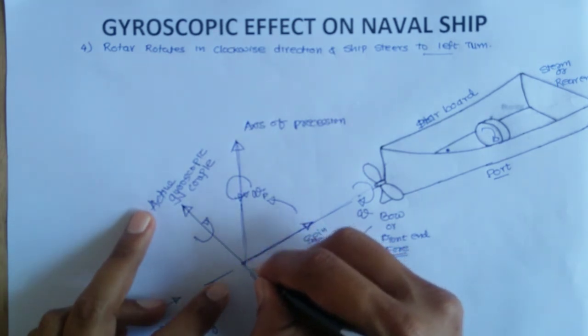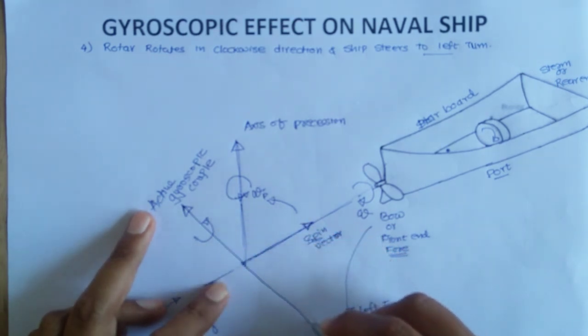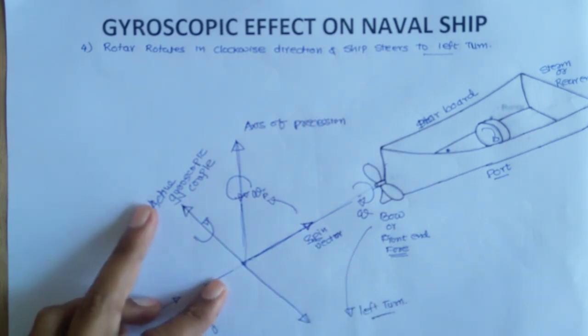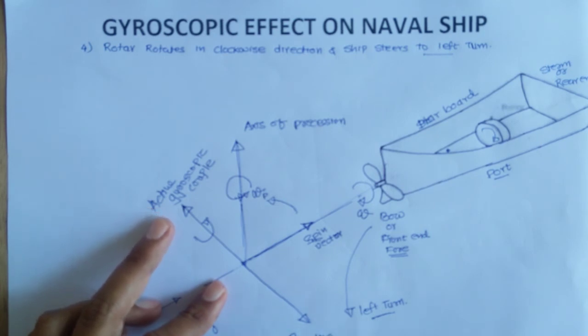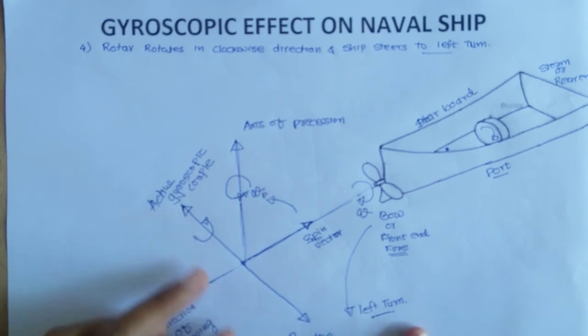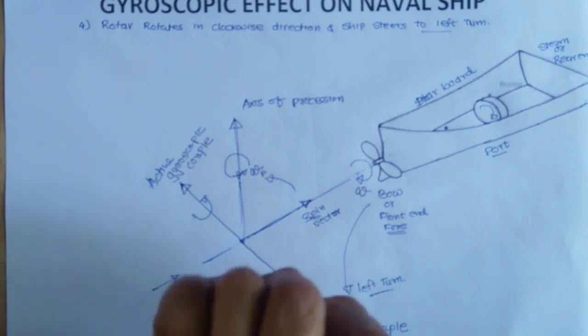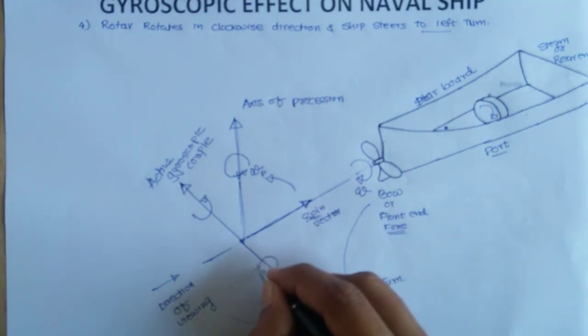Now we know that according to Newton's law, the reactive gyroscopic couple is always acting in opposite direction to the active gyroscopic couple. So this is our reactive gyroscopic couple.